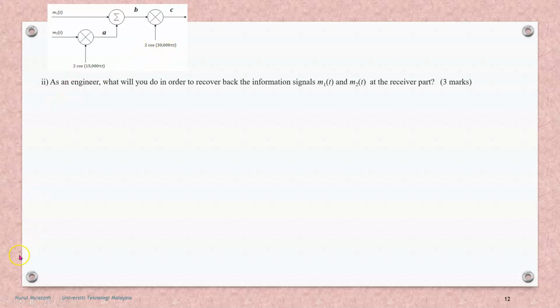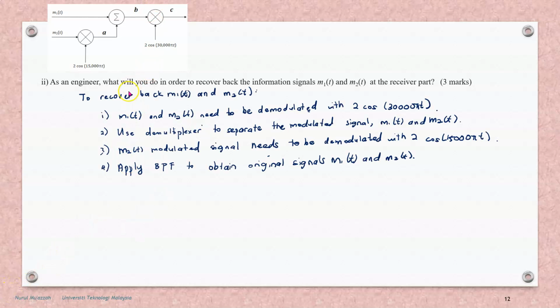Remember that when we perform modulation and also demodulation, the signal will be double. So I will write all these answers here. To repeat, when you want to recover the information signals M1t and M2t, basically you have to reverse whatever process was done at the transmitter. So this is the process at the transmitter. In order to recover, first the modulated signal needs to be demodulated with 2 cosine 3000 pi t, which is the same as this, right?